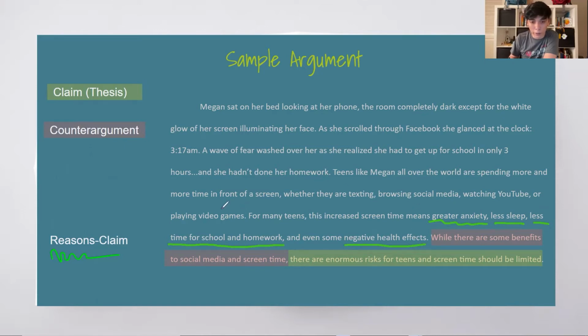So I just underlined the reasons. We don't have any evidence that supports those reasons yet because this is the introductory paragraph. So we're going to go over those in the next couple paragraphs. We're going to see how the pieces of evidence connect to some of these reasons.